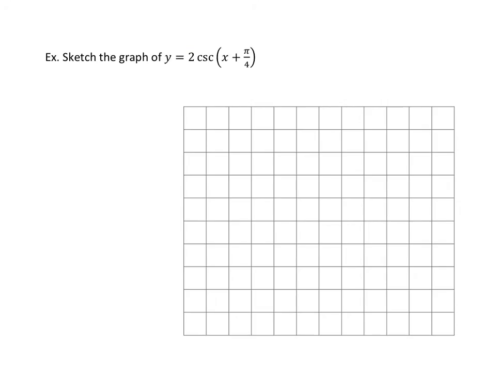When you start sketching these graphs, you want to actually sketch the reciprocal function. So we want to look at 2 sine of x plus pi over 4. Once we graphed that, then we can graph the reciprocal function.